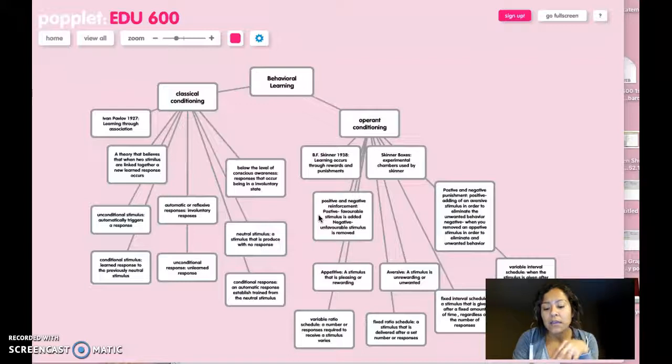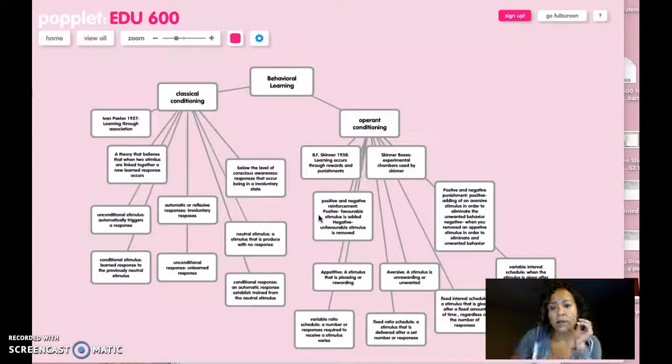And then you have your negative reinforcement on the other side, and an example that I came across is a teacher who requires her students to give her pretend money for not completing their homework. So eventually the kids will start to do their homework because they don't want to give fake money to the teacher, and that's what negative reinforcement means.